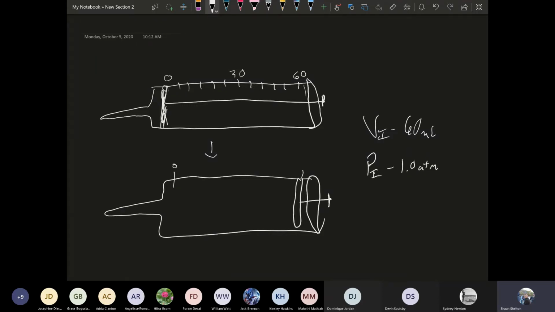Now, what I want to do is push the syringe down to about, let's say, right here. That looks like it's right around 20 milliliters. So the final volume is right around 20 milliliters, and then the pressure, well, we don't know what the pressure is.